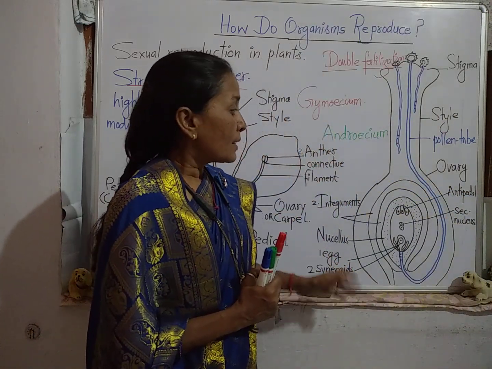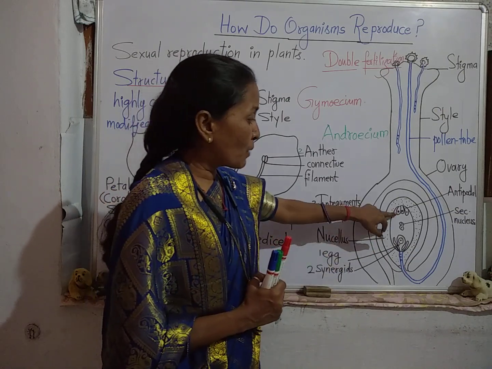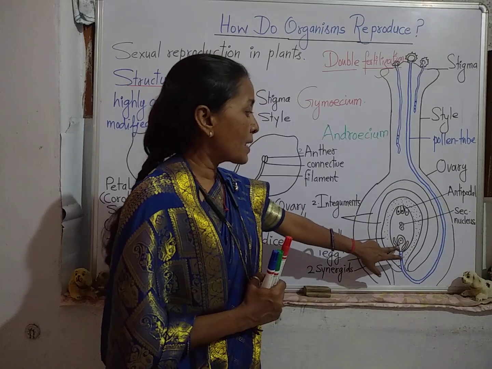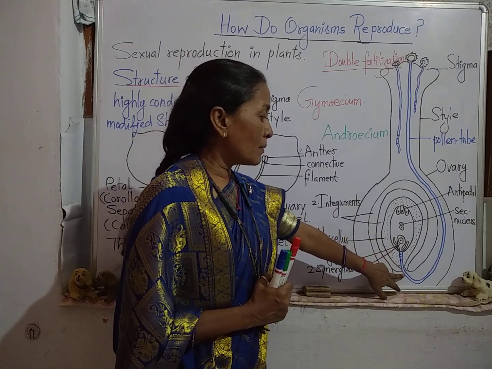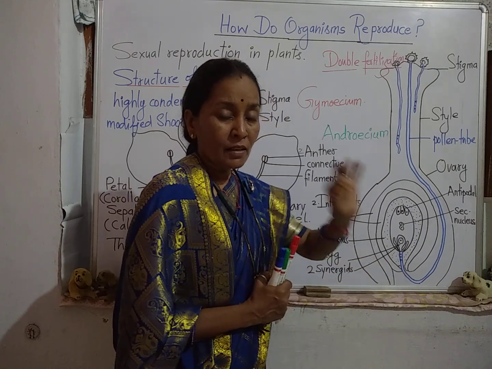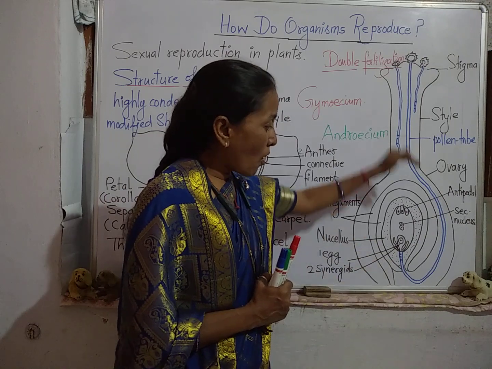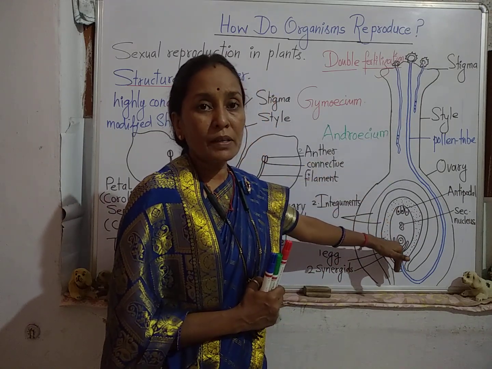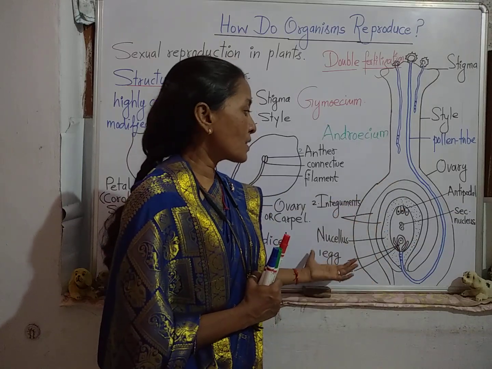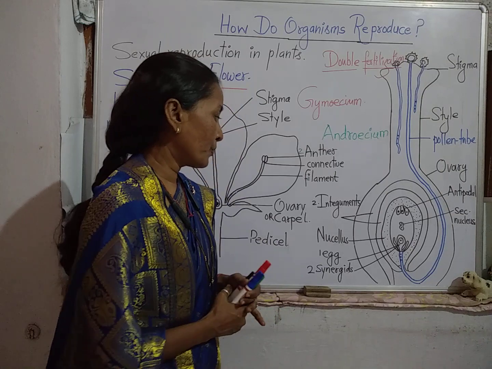That means the embryo sac and its accessories, antipodals, secondary nucleus, egg, synergids, and micropyle, the fine opening at the seed, all lie in a downward direction. That's why this ovule is known as anatropous ovule.